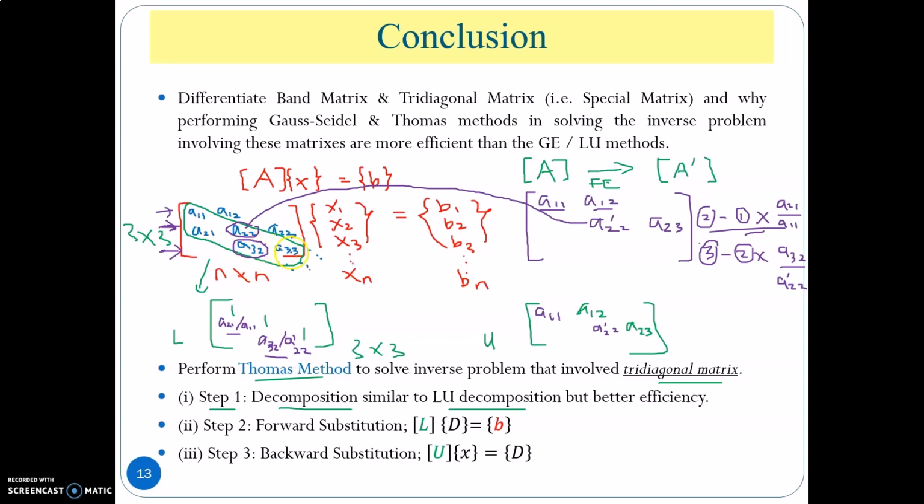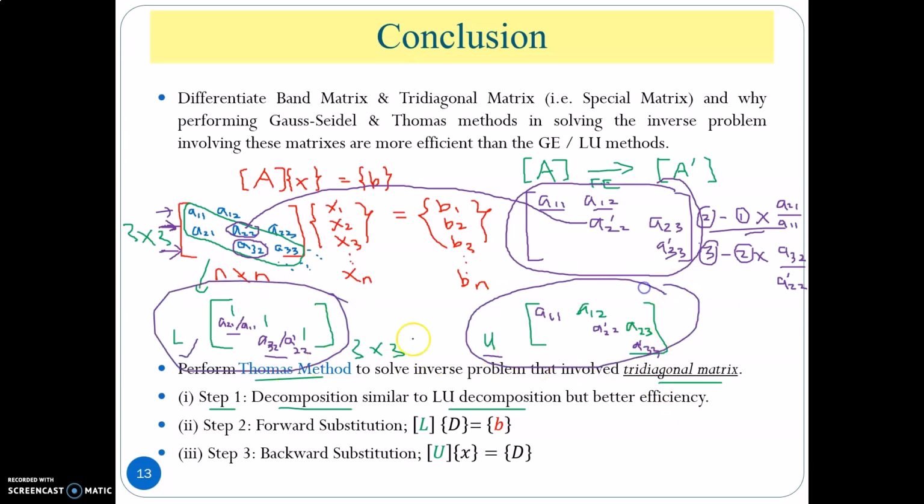We continue with the A33. After the forward elimination, you obtain A33 prime. This is the result for the forward elimination, which is equal to your upper matrix. With that, you succeed in finding the lower and upper matrix by using the decomposition of the Thomas method.